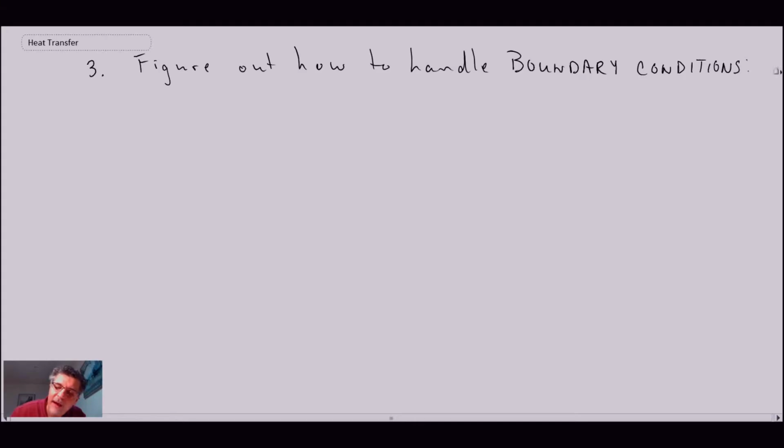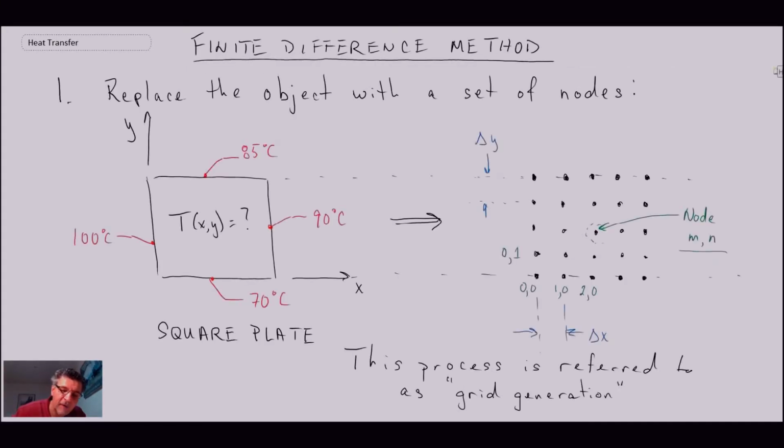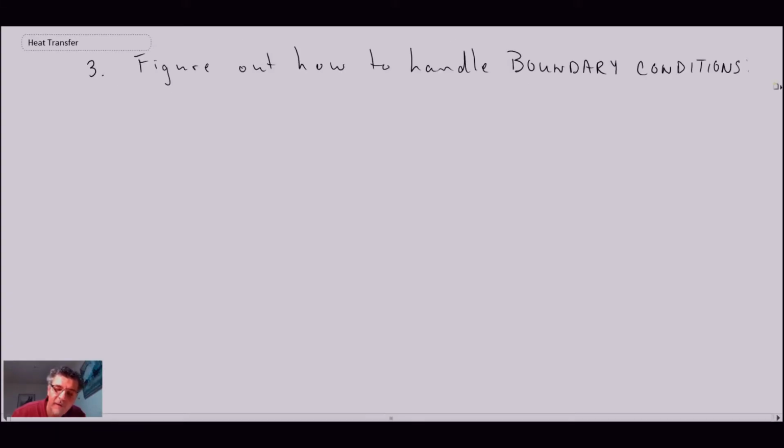So looking back at the plate that we're trying to solve, our boundary conditions are here. And we can see what is specified for this particular problem is a specific temperature along each of the walls of the plate.